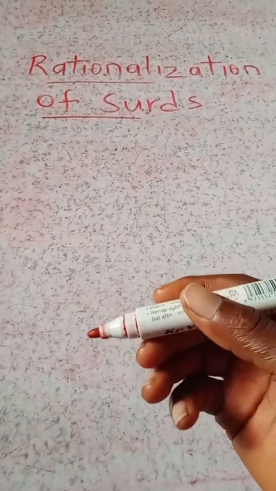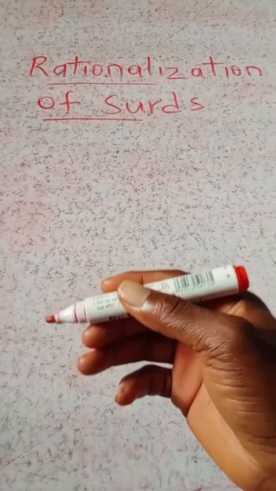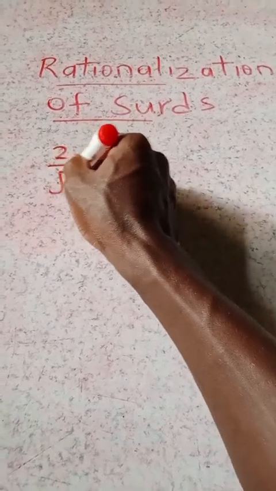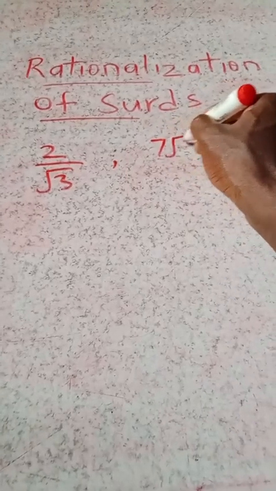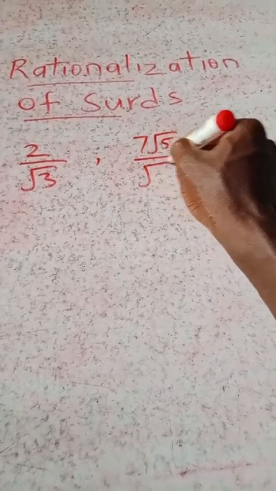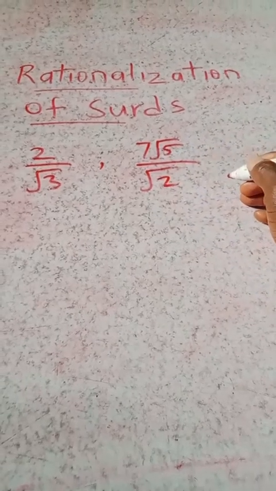Okay, listen. Whenever surds or roots are expressed as a fraction, for instance, 2 over root 3, or I can have 7 root 5 all over root 2, something like this.